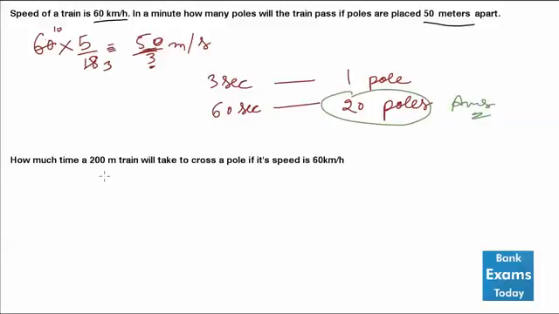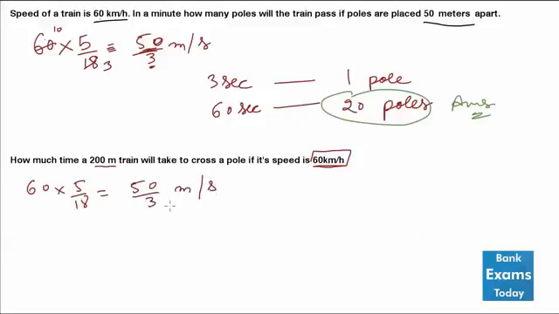How much time will a 200-meter train take to cross a pole if its speed is 60 km per hour? Again, we have to convert the speed of the train from kilometer per hour to meter per second. So that's again 60 multiplied by 5 over 18. So that is 50 over 3 meters per second.